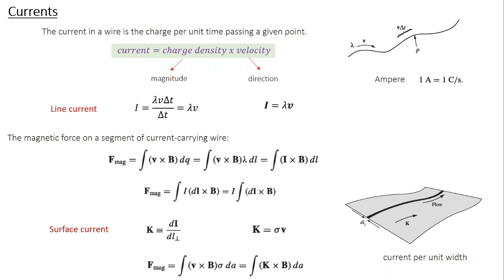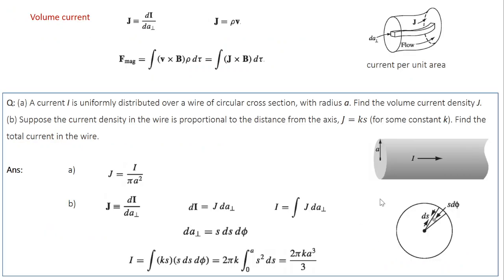Moving on to the volume current. Imagine I have a region where there is a current flowing. If I call J the volume current, for ease of analysis, let me assume that I have a cylindrical three-dimensional region. Now I am going to imagine a small tube which is running along the direction of the current flow.